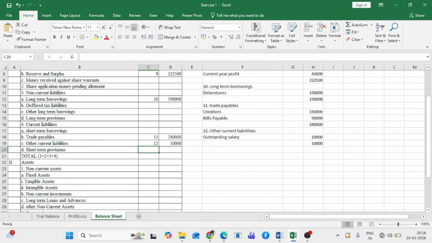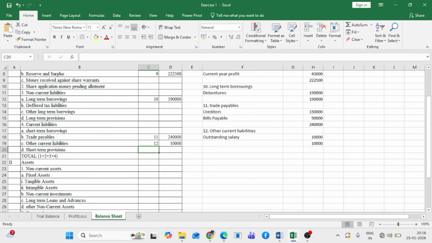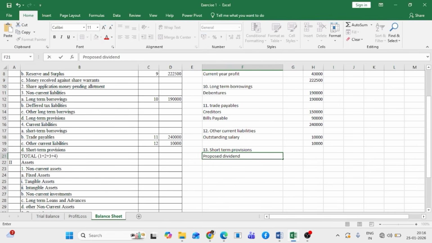Fine. Now, interesting is the short-term provision. Here the amount of proposed dividend is nothing but the provision amount. That is short-term provision, so you need to show it under your short-term provisions. Under short-term provisions, we will show only proposed dividend.